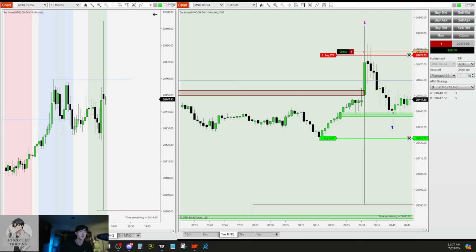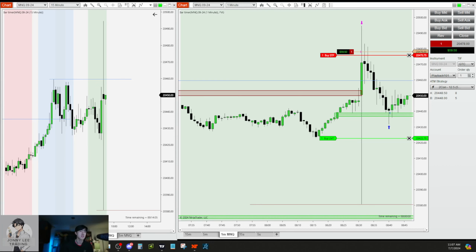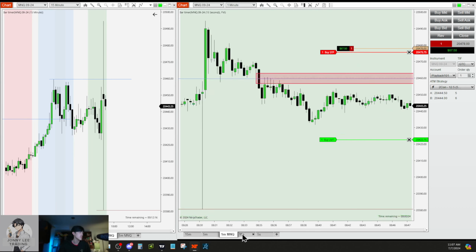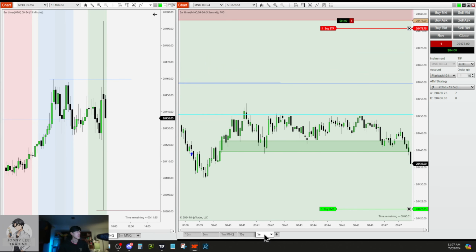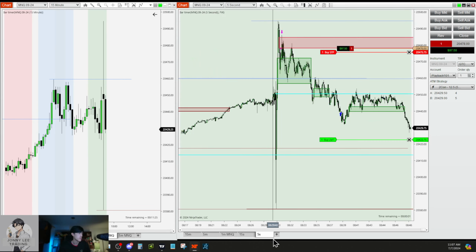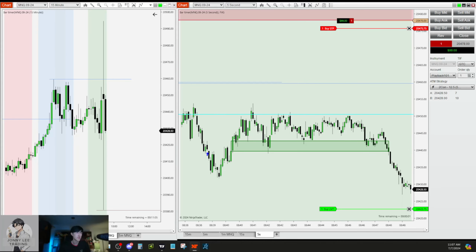I'm gonna see if I can do 6x, 8x, 10x. All right, so I've got price moving at 10 times the speed, and we can see we're starting to break down from that buy side imbalance. We're seeing some further breakdown.